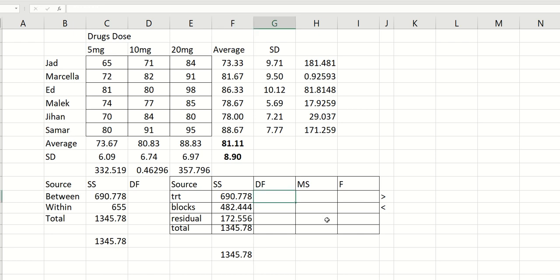Okay, now it's the degrees of freedom, which is not difficult. For treatment it's the number of treatments minus 1. I have 3 groups minus 1 is 2. For the blocks it's the number of blocks minus 1. I have 6 minus 1 is 5. For residual, you multiply the top 2 together, so 2 times 5 is 10.